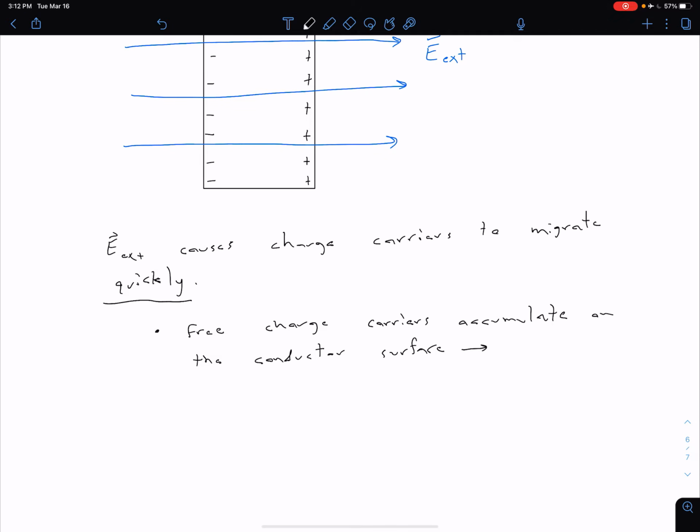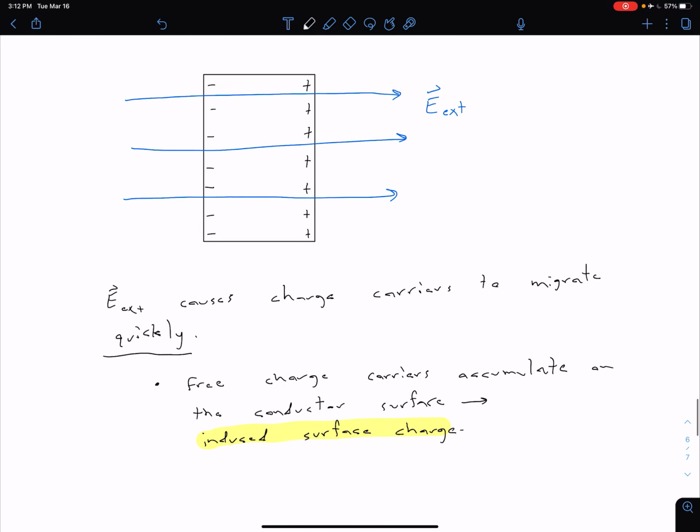And so we say that we have something called an induced surface charge. This external electric field has induced some surface charge: on the left side, some negative surface charge, and on the right side, some positive surface charge.